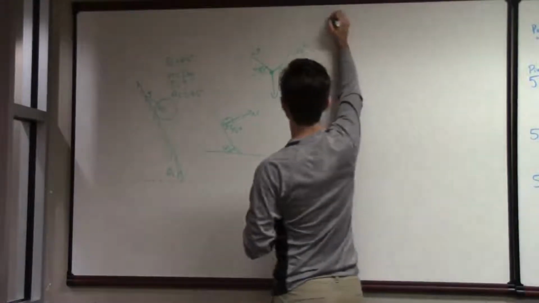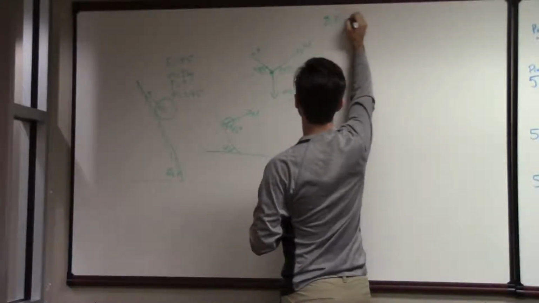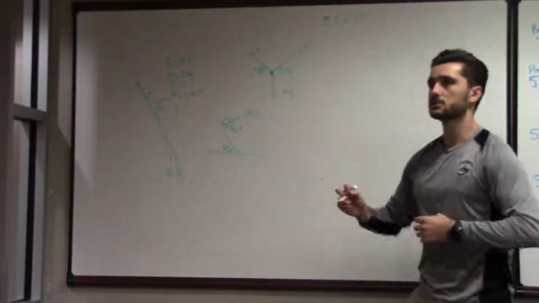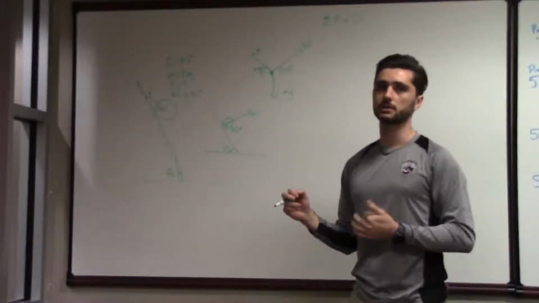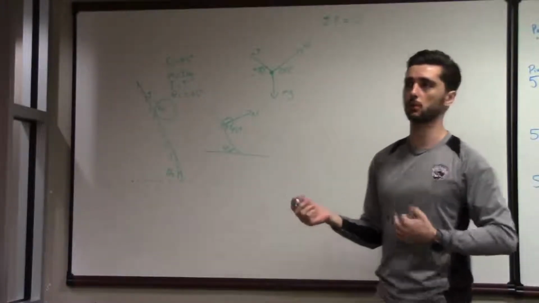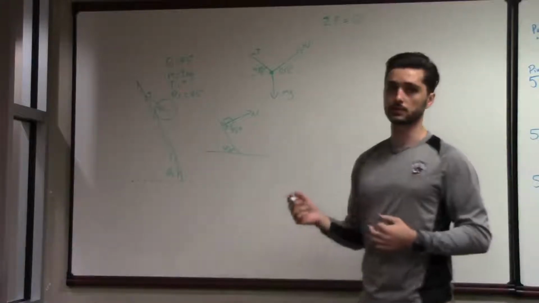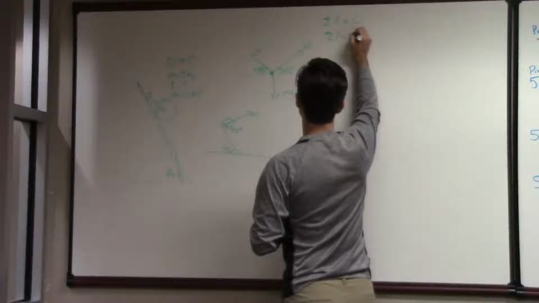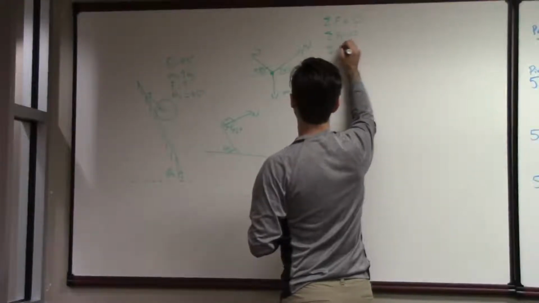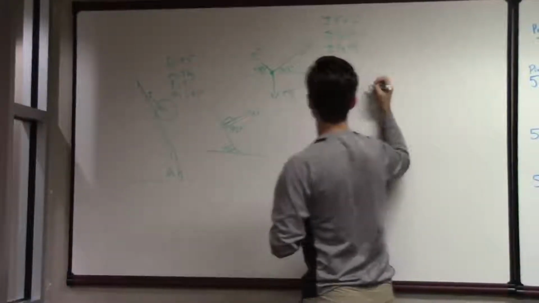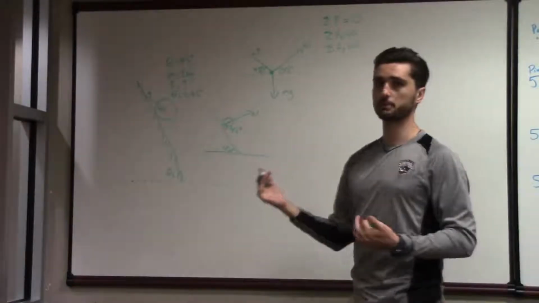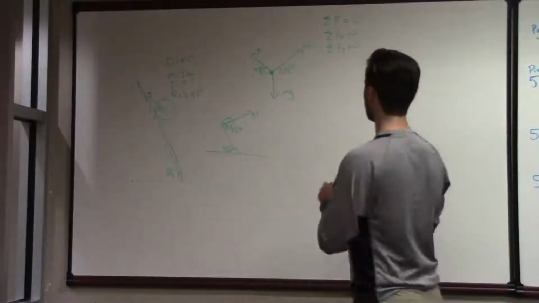Sum of all forces is going to be equal to 0. Now since this is stationary in the x and y direction, it's a good idea for me to decompose this into its components and then set those equal to 0. So that will be sum of forces in the x direction is equal to 0. Sum of forces in the y direction is equal to 0. Okay? So now what we need to do is write these out and decompose them into their proper components.